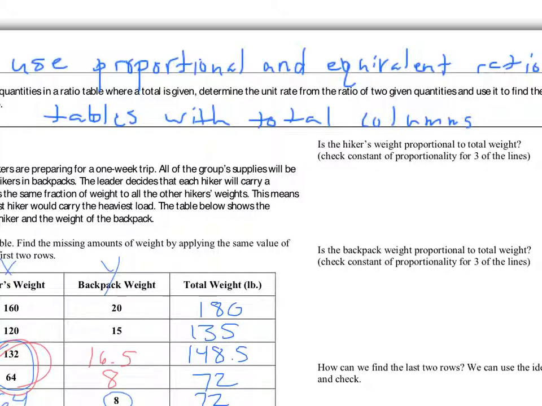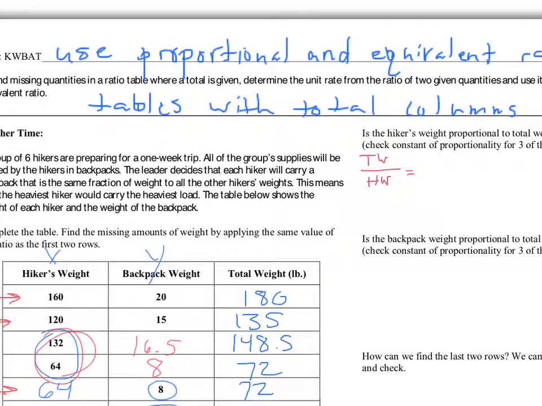So in order to calculate that constant of proportionality, I'm just going to calculate total weight over hiker's weight. So for this first one, that's going to be the total weight is 180 over 160.